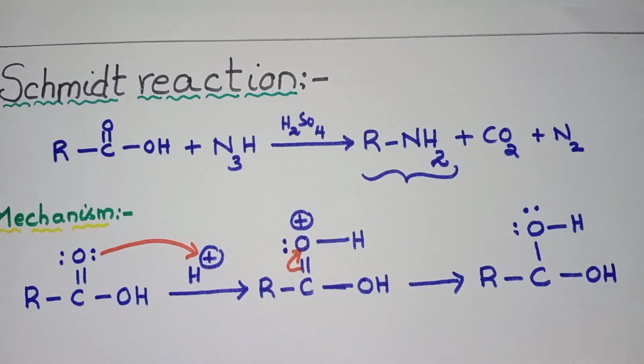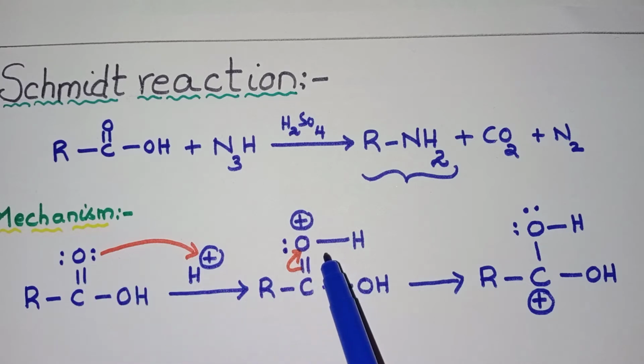Now look at the state of this carbon, students. It has only three bonds, and hence this carbon gets the positive charge now. So this is the first step. Once again, RC double bond OH is the carboxylic acid, and the H plus from the acid is taken up by oxygen using one of its pairs of electrons.